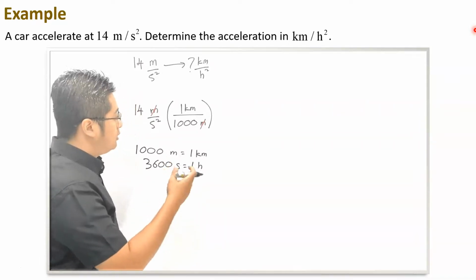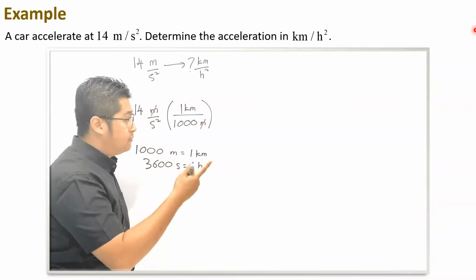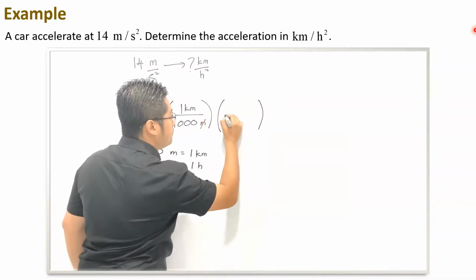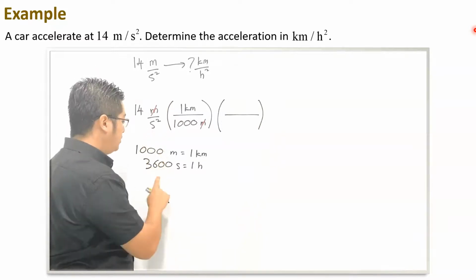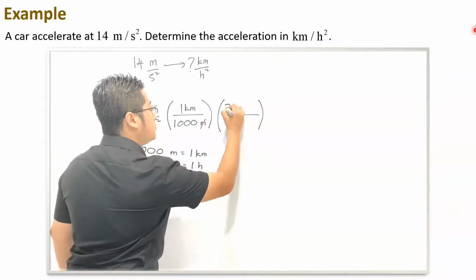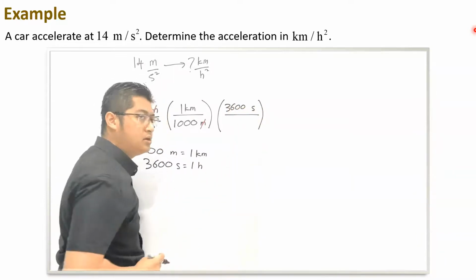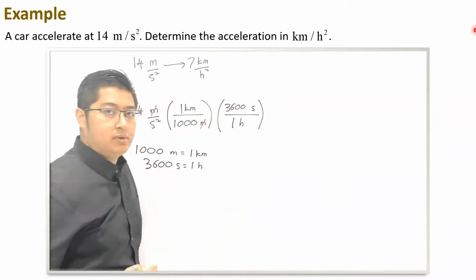You may add the square later. Now we want to remove the second squared, so you need to put the 3600 seconds as the numerator and then 1 hour as the denominator.